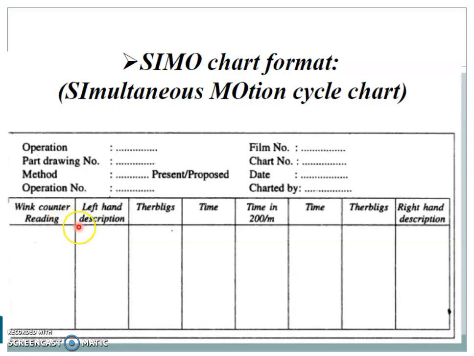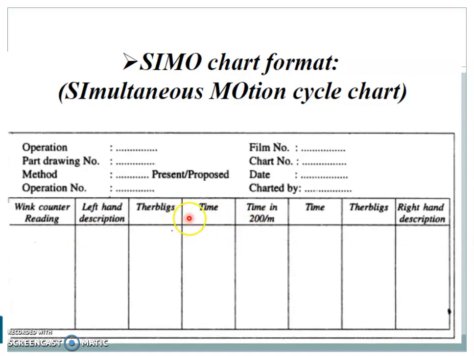Then the film is obtained and the most efficiently performed whole cycle is selected for analysis. The cycle involves a complete series of motions from beginning to end for completing a unit of work.